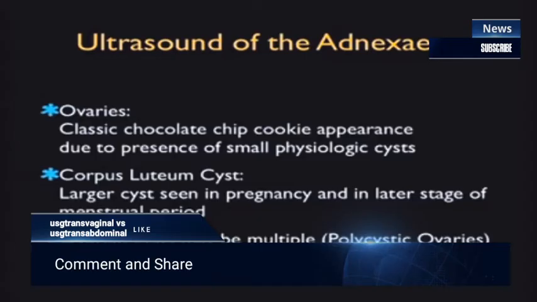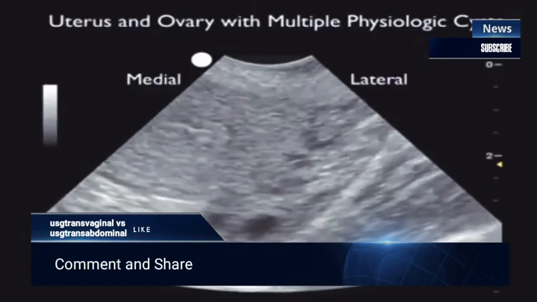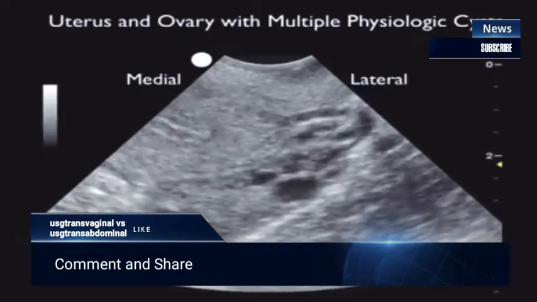In pregnancy, the corpus luteum cyst will sustain the needed hormones for the pregnancy during the first 8 weeks and thus is a normal finding. However, ovarian cysts may be multiple and affect both ovaries, such as in a very commonly encountered condition, polycystic ovarian syndrome.